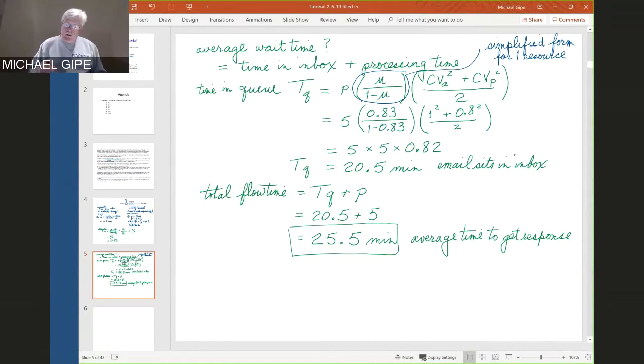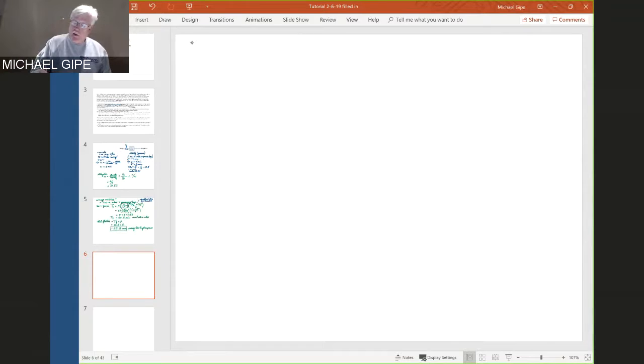So the next question, B, is how many emails would the lawyer have received at the end of a 10-hour day? And this is really straightforward, as long as we have the utilization less than 1.